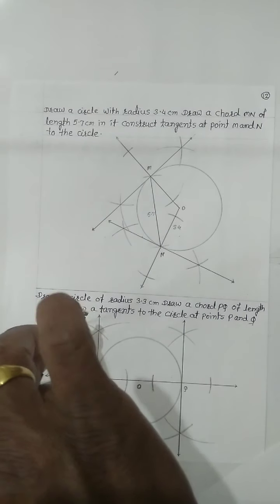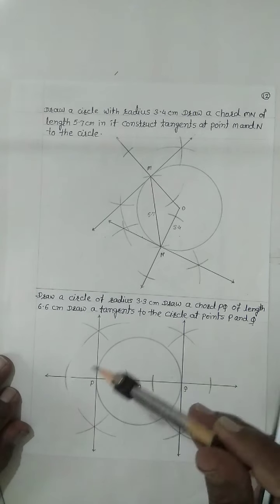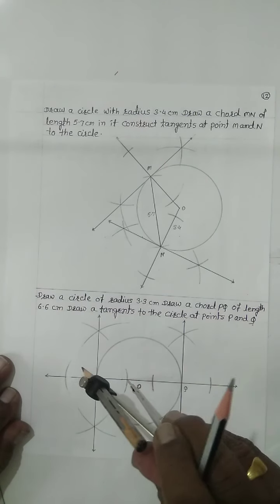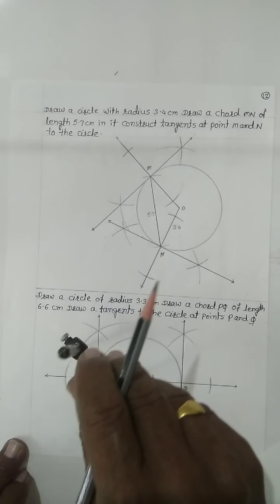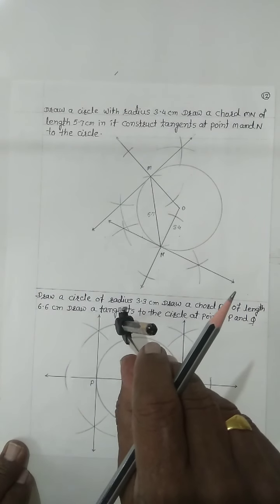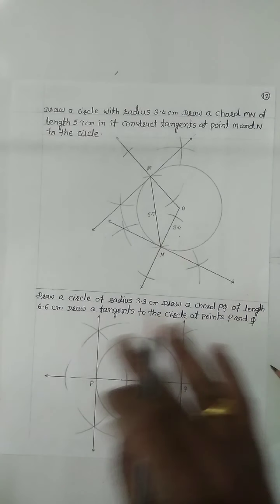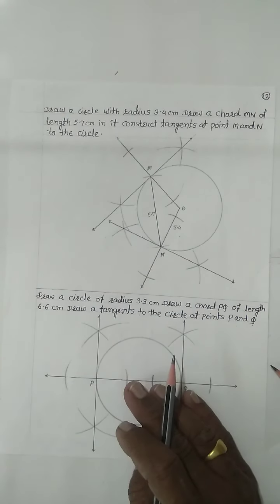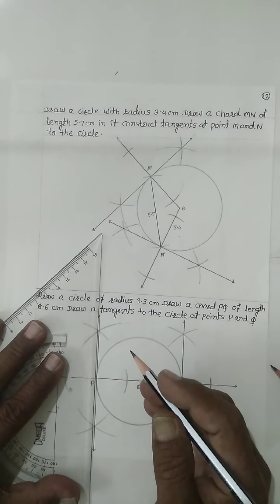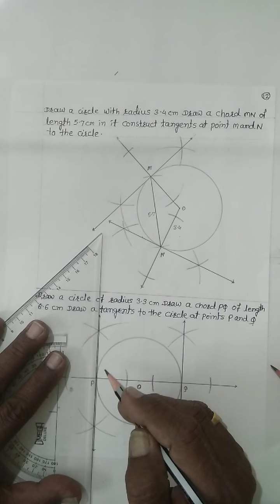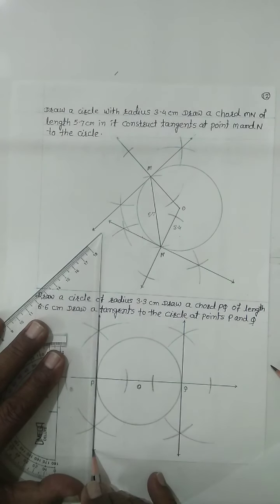Draw one of the arcs on the upper side, the second arc on the lower side, then put the distance as it is and put one terminal on this arc and draw the arc on the upper side and this is the lower side. Then these two arcs intersect each other, so draw the line which passes through the two intersecting points of this arc.